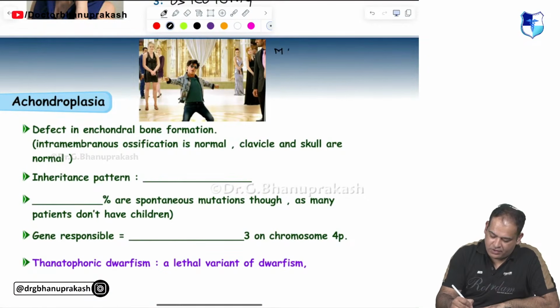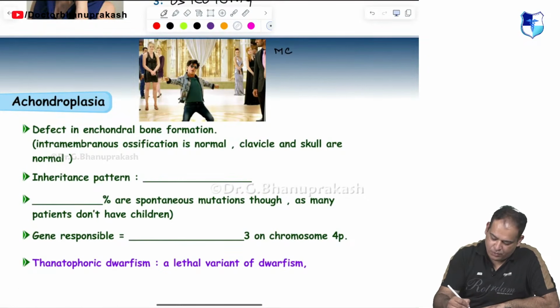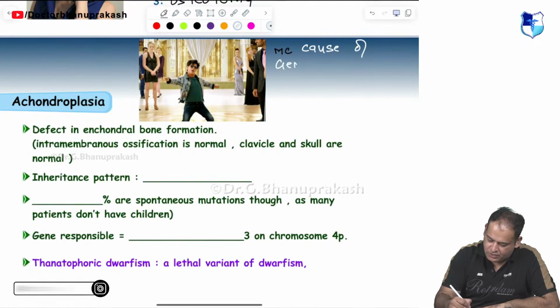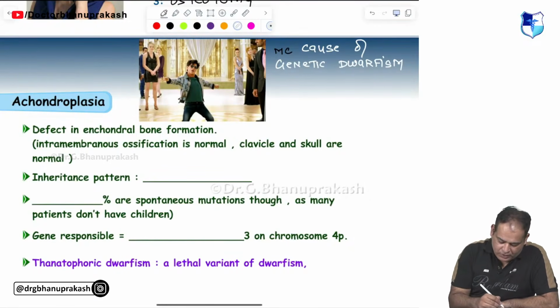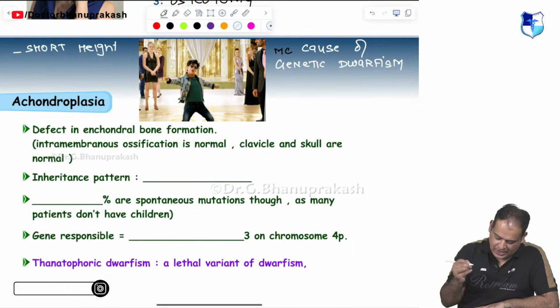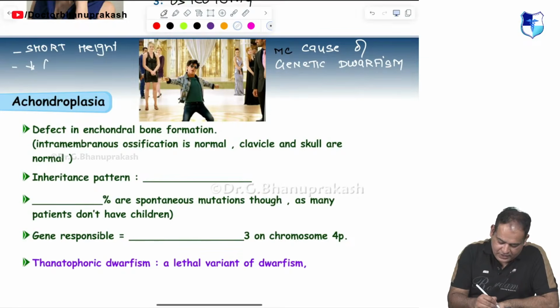Achondroplasia. Now, achondroplasia is said to be the most common cause of genetic dwarfism. What are the clinical features? Short height, decreased arm span.